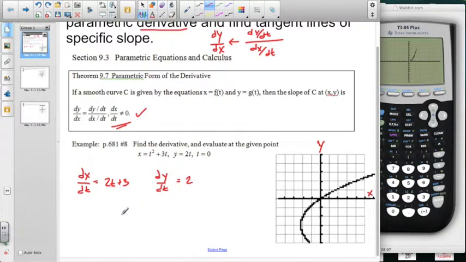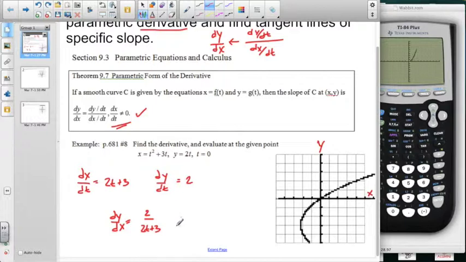And so then the Cartesian derivative dy dx is going to be the y parametric over the x parametric. So there's the definition of the Cartesian derivative with respect to the parametric variable.